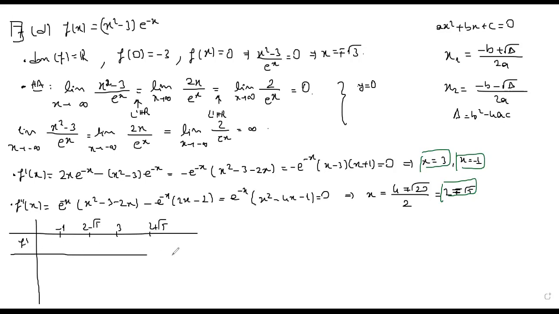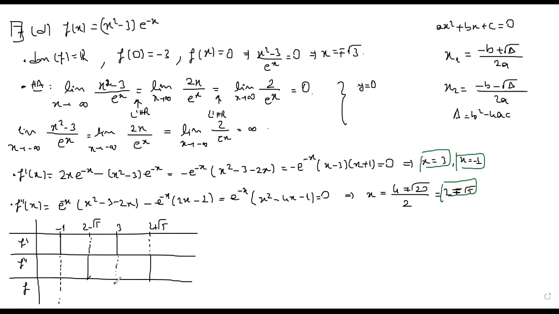Okay, f prime, f double prime, and f. Now this -1 is a root of f prime, so we write it like this, and the rest is this. And this is only the root of f double prime, and this too.